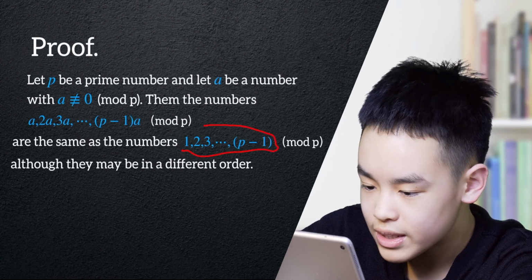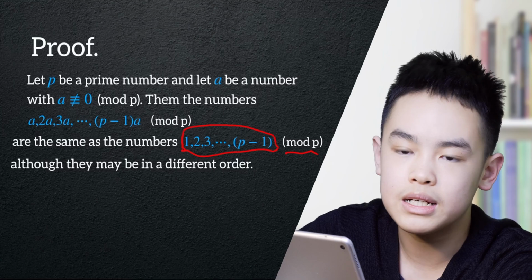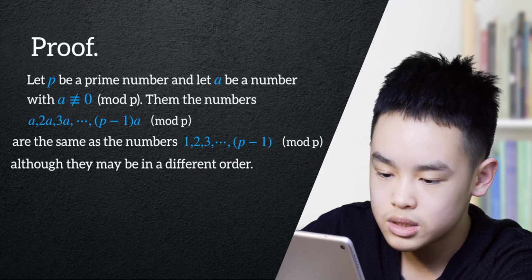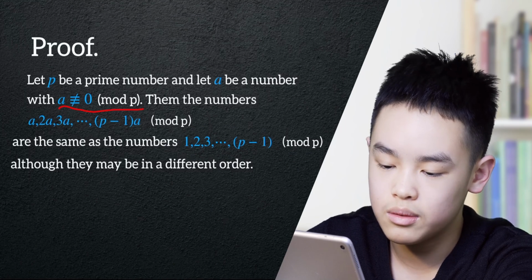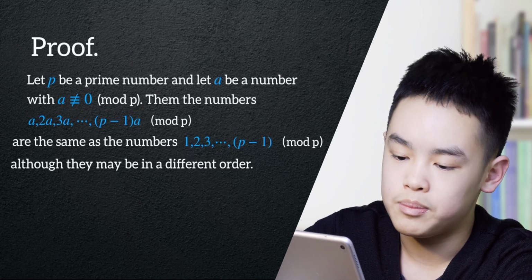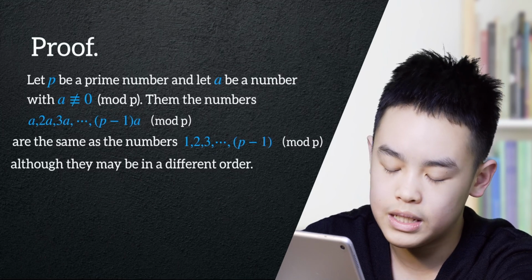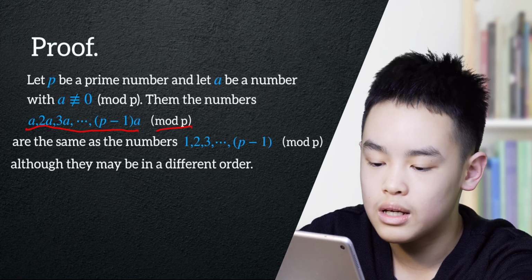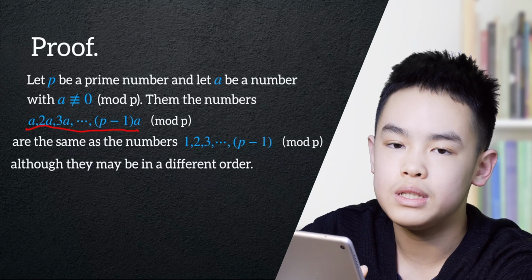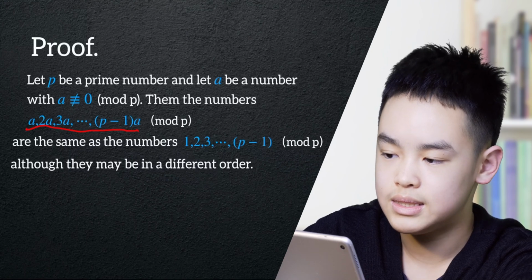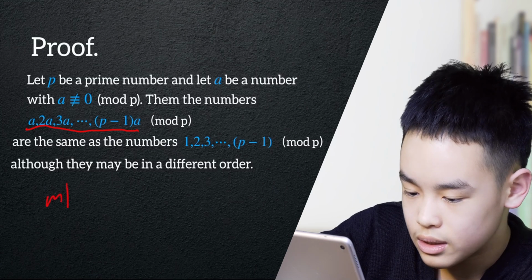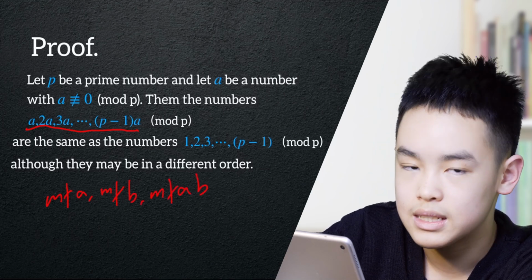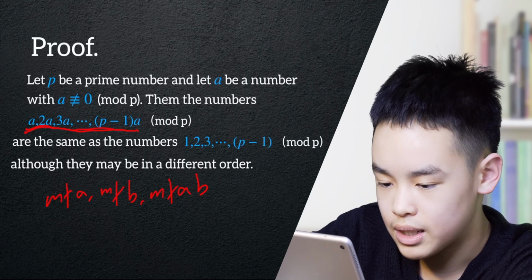So first, we find that all of these numbers modulo P are basically themselves, because no number in this list is greater than P. And also we know that A is not congruent to 0 modulo P, which means that, since P is a prime number, P cannot divide A. So all of these numbers cannot be divided by P, since we know that when M cannot divide A and M cannot divide B, then M cannot divide A times B, and this is basically the logic behind this.